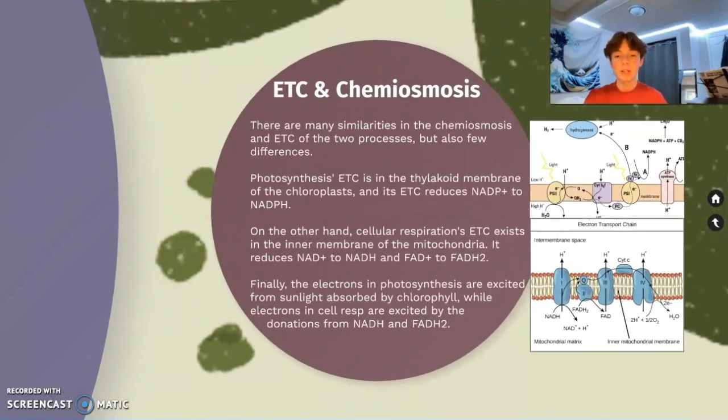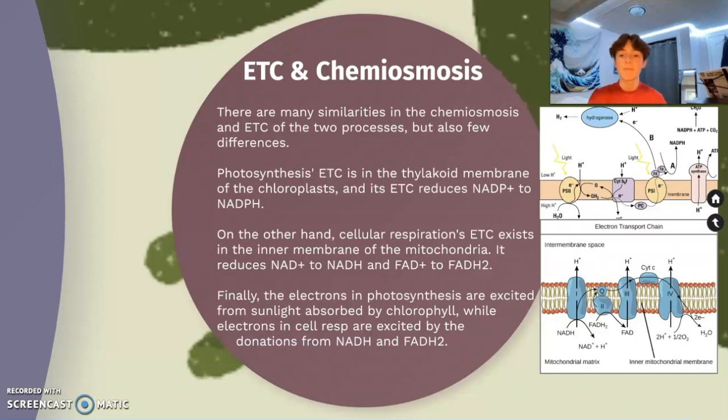The electron transport chain and chemiosmosis have many similarities in the two processes, but also a few differences. In photosynthesis, the ETC is in the thylakoid membrane of the chloroplast, and it reduces NADP+ to NADPH. On the other hand, cellular respiration's electron transport chain exists in the inner membrane of the mitochondria, as we mentioned earlier, and it reduces NAD+ to NADH and FAD+ to FADH2.